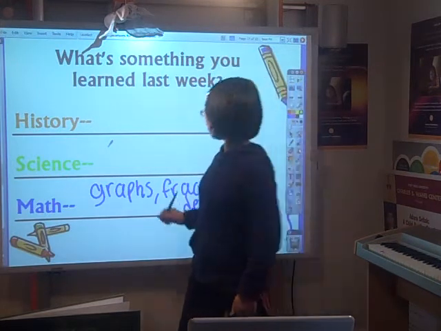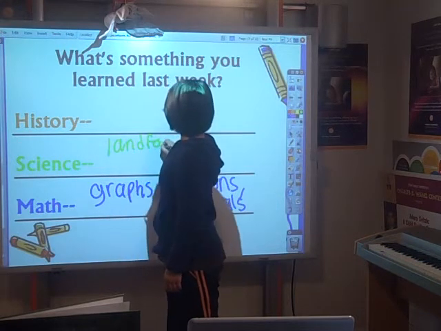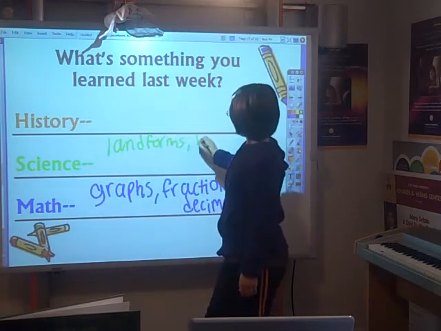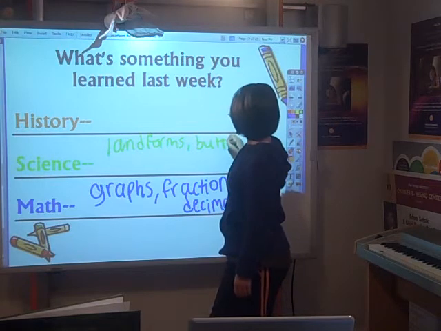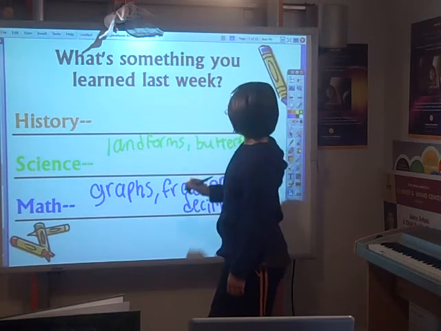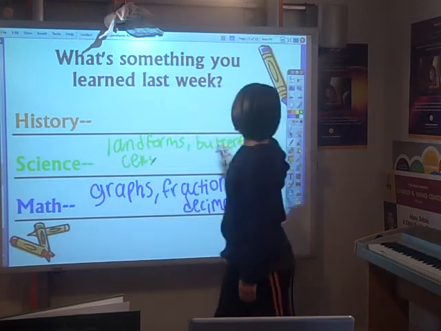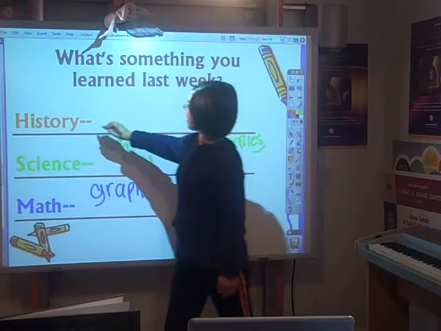Landforms. Landforms, butterflies, and let's do one more thing. Cells. Okay, great. And what about history and or social studies?